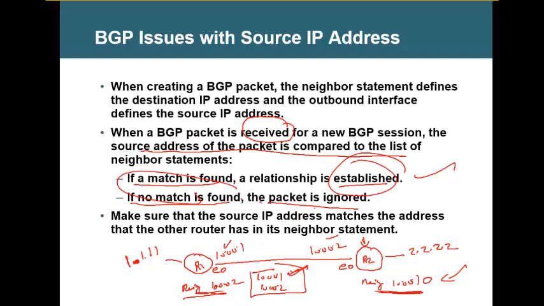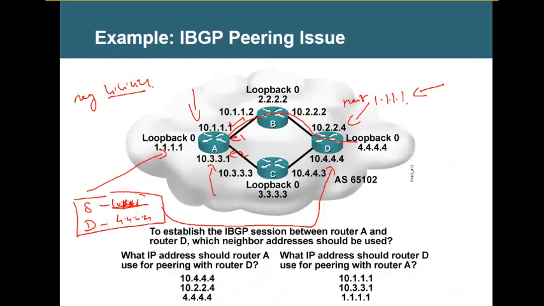You see, the match is not found. 10.1.1.1 is not matching 1.1.1.1. The neighbor statement says your neighbor is 1.1.1.1, but the source address says 10.1.1.1. Are they matching? No, they are not. The neighbor will not come up.